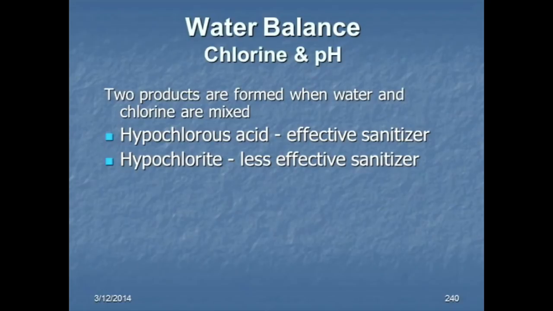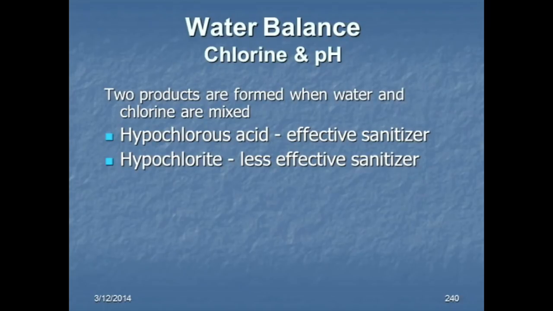It goes out, takes prisoners, and kills the bugs very, very well. It's the superhero, if you will, of chlorines, hypochlorous acid. That's the type of chlorine that we want in our swimming pool to ensure that the water is safe. On the other side of the spectrum, you can have the hypochlorite ion formed.